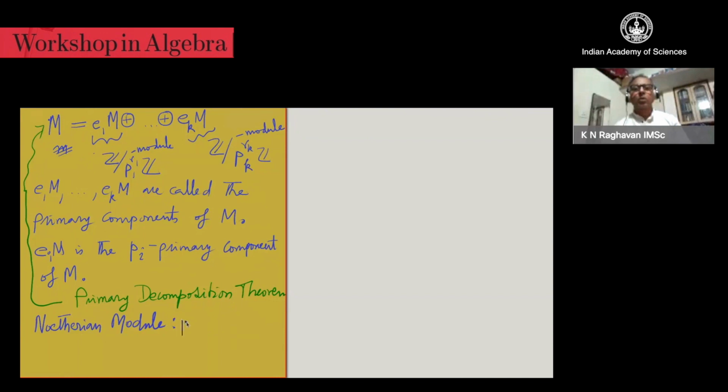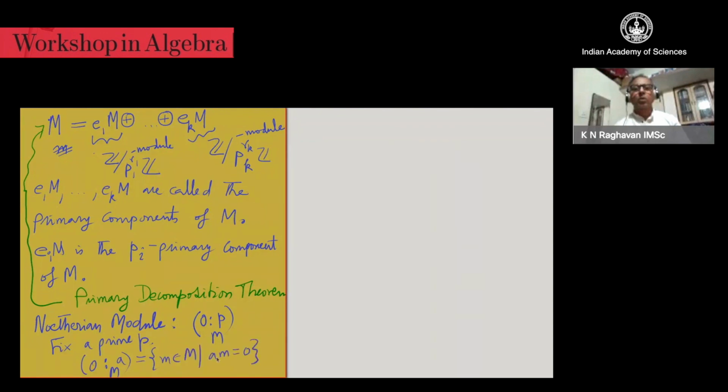Suppose M is a Noetherian module, and fix a prime P. Then I look at what is killed by P in M. What does this mean? This means 0 colon M, and if I have an integer A here, this just means all m in M such that Am equals 0.